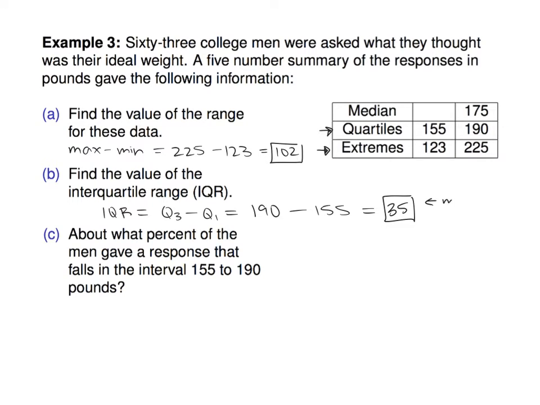And recall that this is the middle 50%; 50% of people fall within that interval from 155 to 190. And I guess that answers question C about what percent of the men gave a response that falls in the interval from 155 to 190. That is the middle 50%, so 50%.